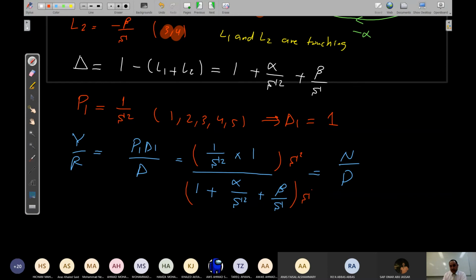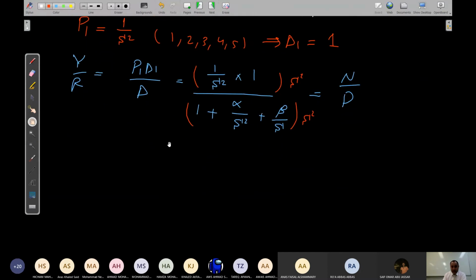I need to simplify the transfer function and write it in terms of N over D, where N and D are polynomials in s. So Y over R equals 1 over s square plus beta s plus alpha.